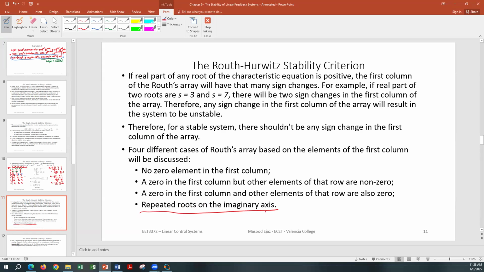That is, if you have an unstable system because of multiplicity of roots on the imaginary axis, it does not detect that properly. But the first, second, and third are cases that it can detect. What type of system is that? What is the stability of the system?